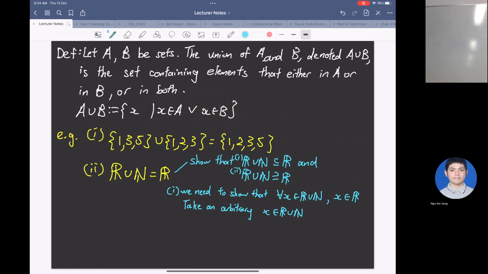So take x, then x is in R or in N. If x is in R, then it is in R. If x is in N, is it in R?